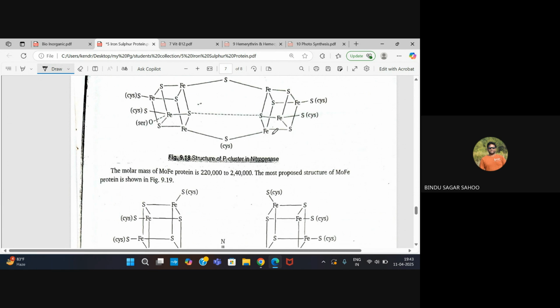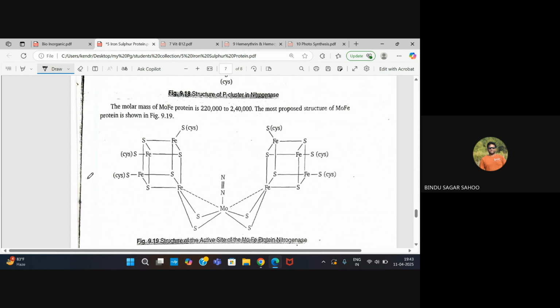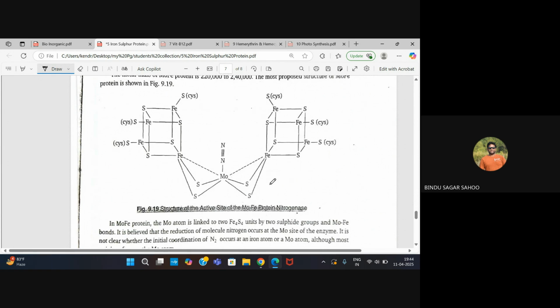And the other part of nitrogenase consists of these two Fe4S4 groups, along with a molybdenum group that is coordinating this iron sulfur protein part. We can say this is the active site. That means when nitrogen comes, it doesn't interact with this iron sulfur, it particularly interacts with this molybdenum group.